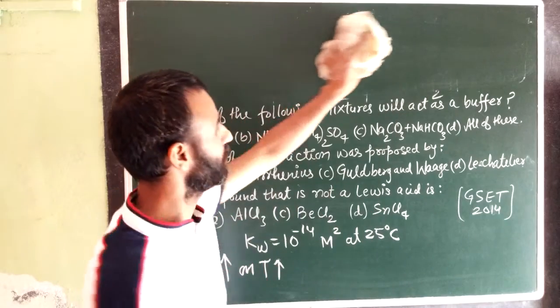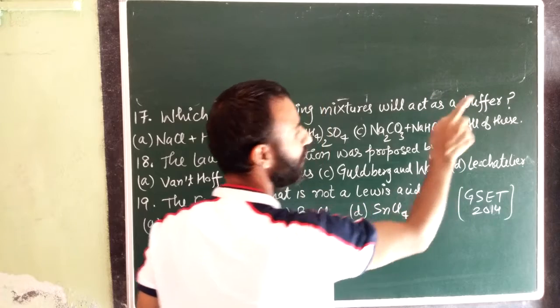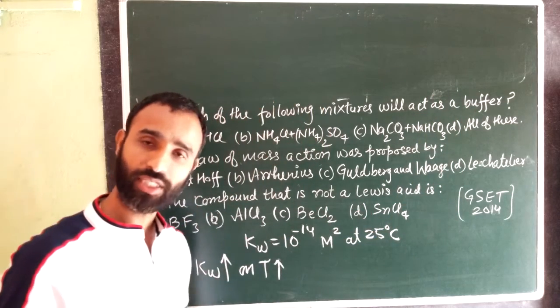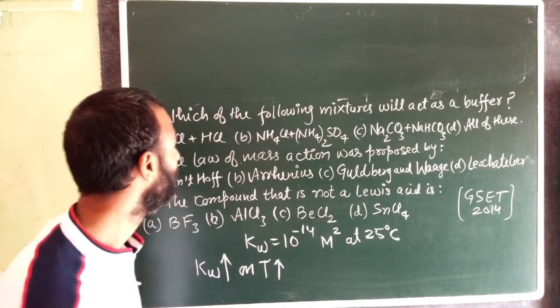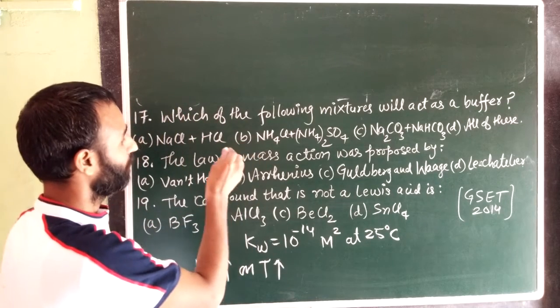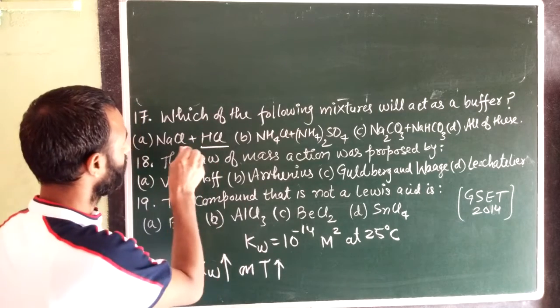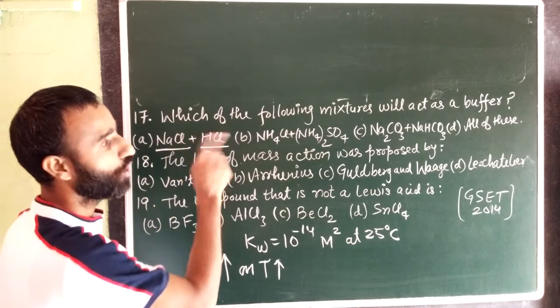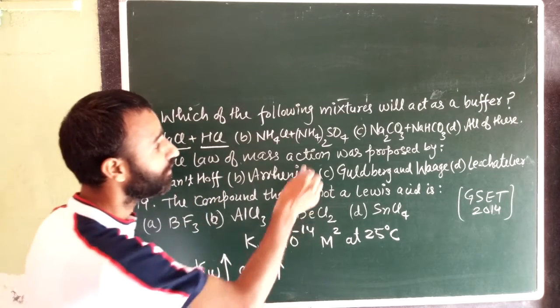Now, question number 70. Which of the following mixtures will act as a buffer? Already we have discussed acidic buffer, basic buffer and mixed buffer. Okay. So, you know, strong acid and its salt will not act as a buffer. So, this is not the right option. Then, next part.